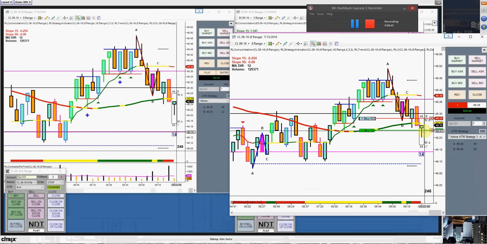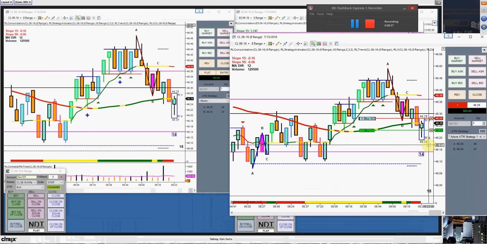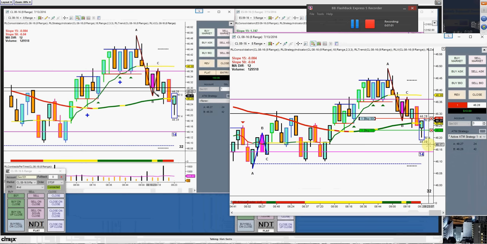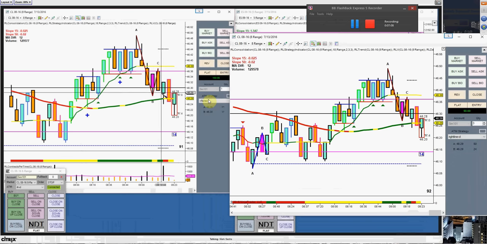This will give us 5 ticks if we're able to get that profit target hit. This is our other counter trend trade. C candle, dual resistance. We had trouble with the 50, which was my concern, but it eventually broke it.